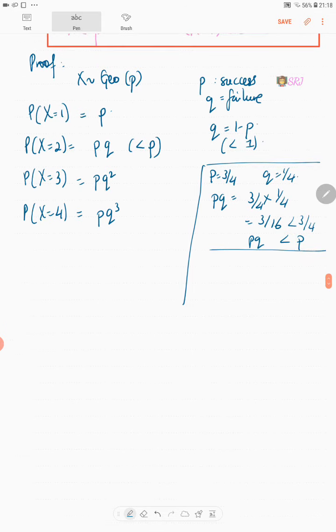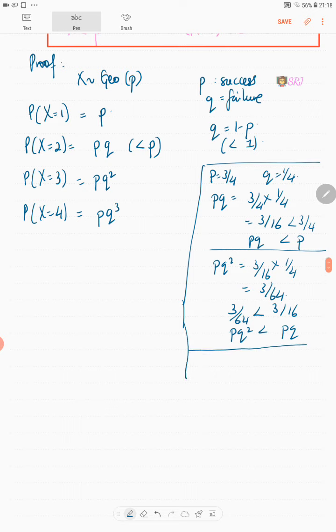Now, if we compare PQ square with PQ, PQ square will be 3/16 times Q, which is 1/4, 3/64. So we see that 3/64 is less than 3/16. So we can say that PQ square is less than PQ. Next, if we have PQ cube, again this will become 3/64 times 1/4, which is 3/256.